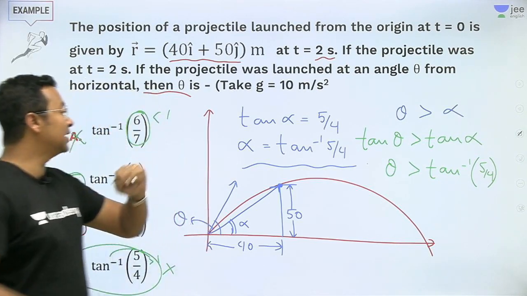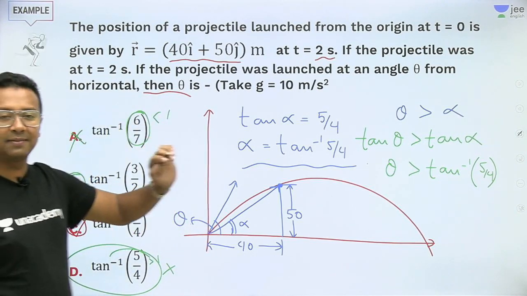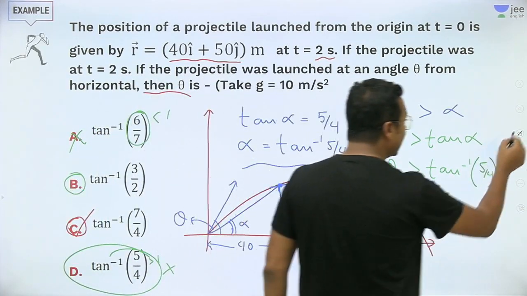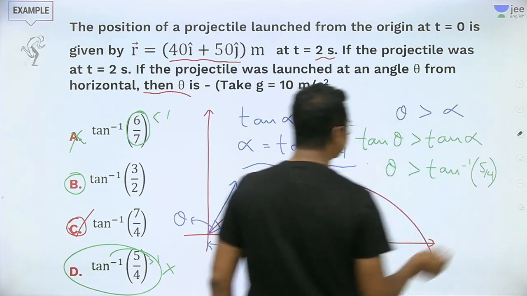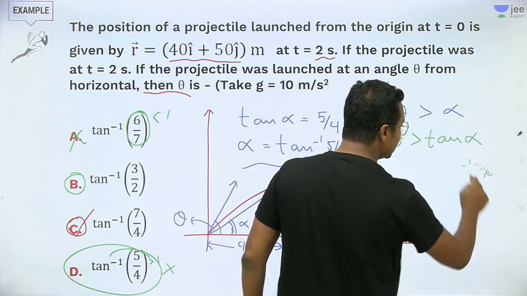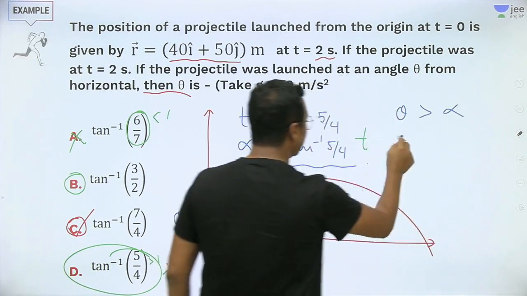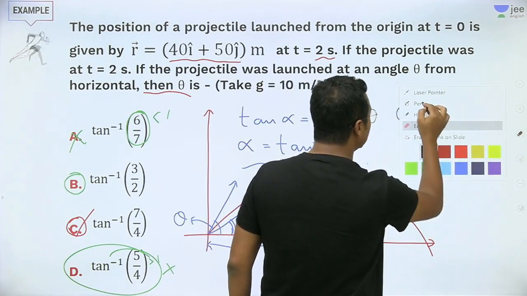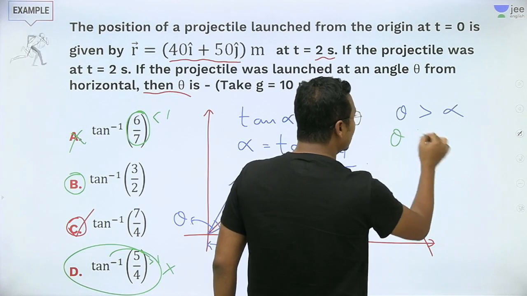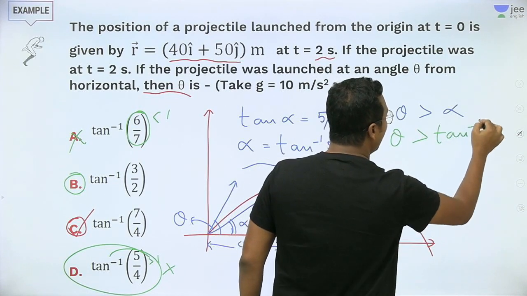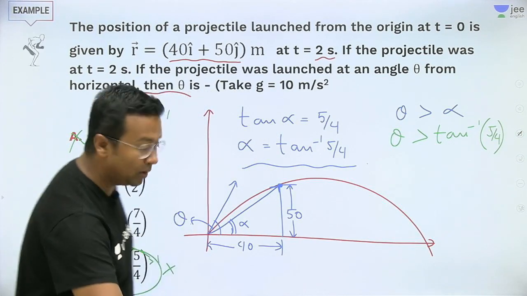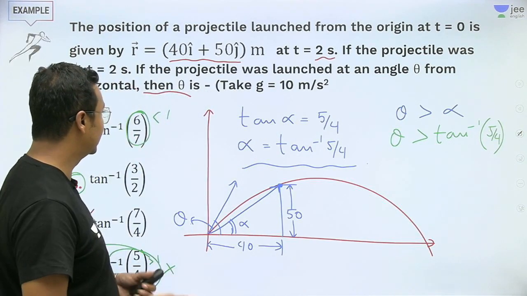Okay guys, now let's look at a little longer methodology. In the longer version, what are we going to do? Let me talk to you about that. Let me rub this off here and put down the fact that theta is going to be greater than tan inverse of 5 by 4.